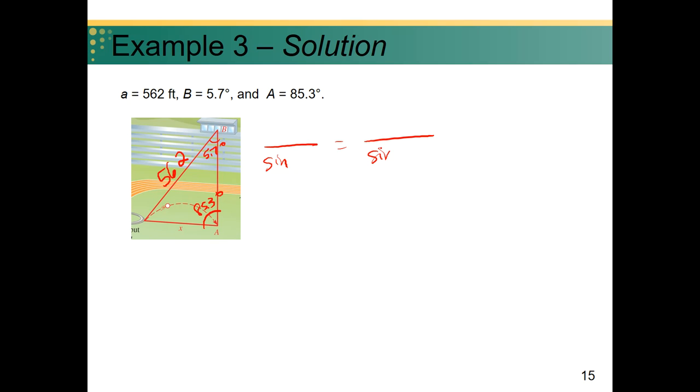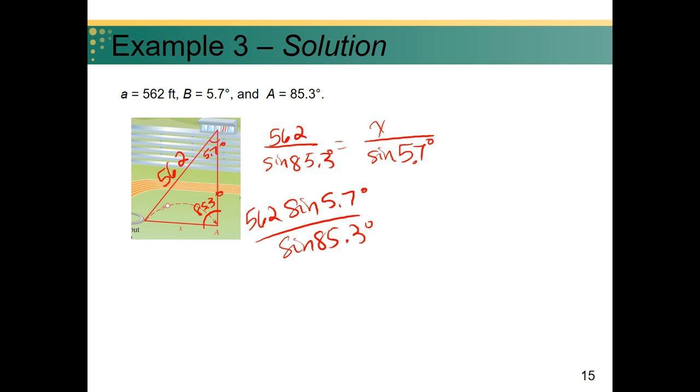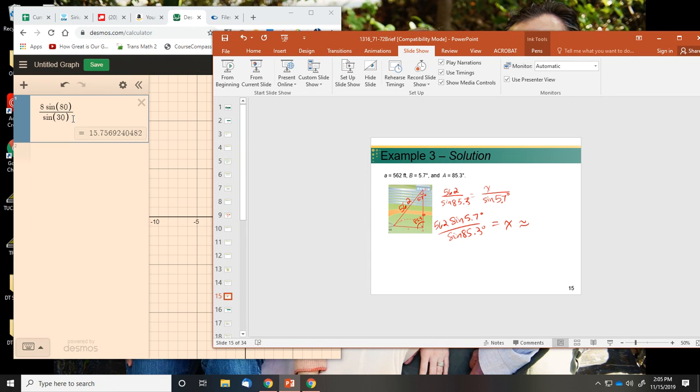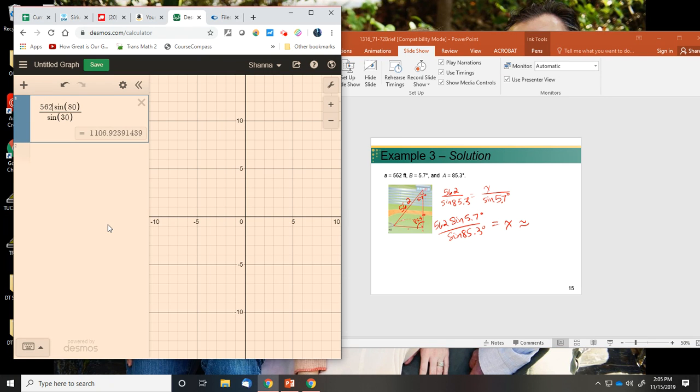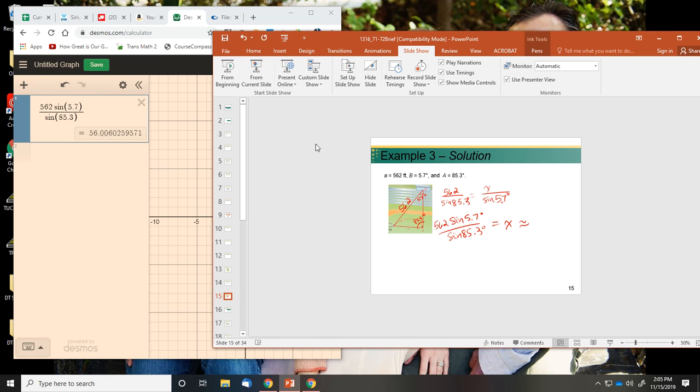And we've got a over sine A equals b, which is x, over sine of B, which means sine 5.7 degrees times 562 over sine of 85.3 degrees is x. So 56, it looks like.